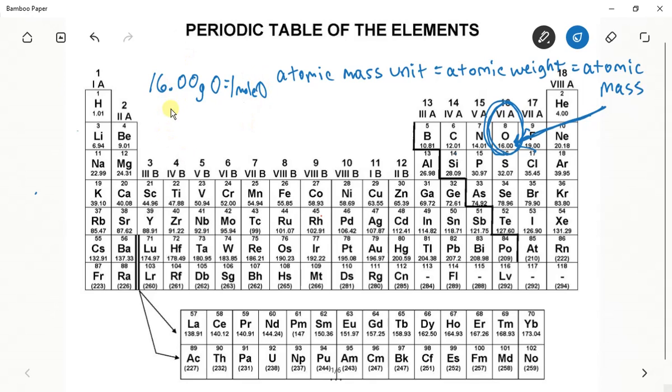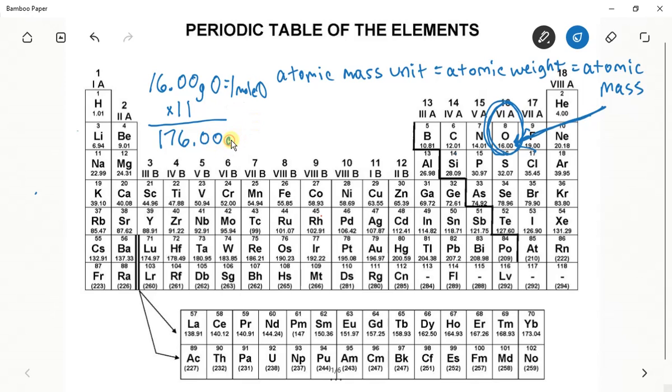But we're not dealing with 1 mole of oxygen, we're dealing with 11 moles of oxygen. So we need to take that times 11. So 16 times 11 is 176.